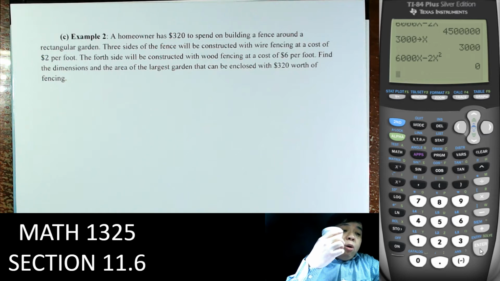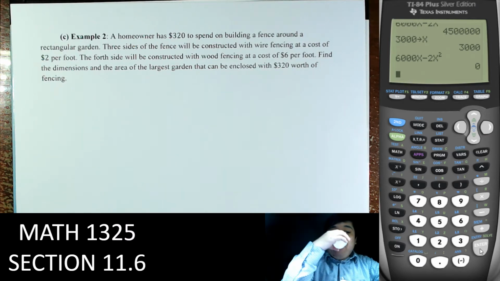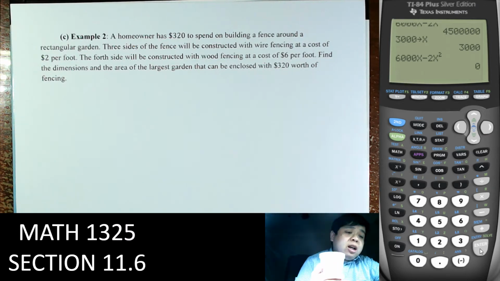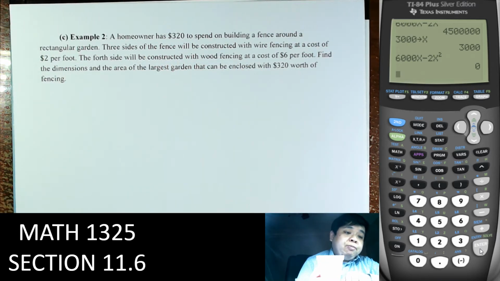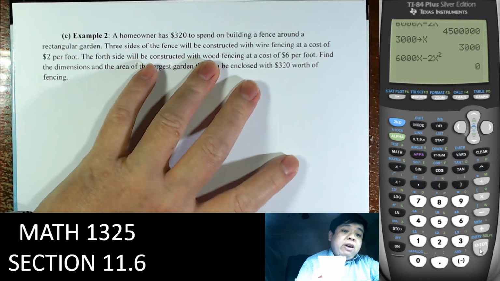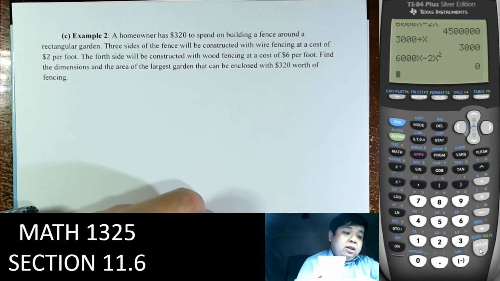A homeowner has $320 to spend on building a fence around a rectangular garden. Three of those sides will require wire fencing, $2 a foot. The other one, wooden fencing, $6 per foot.